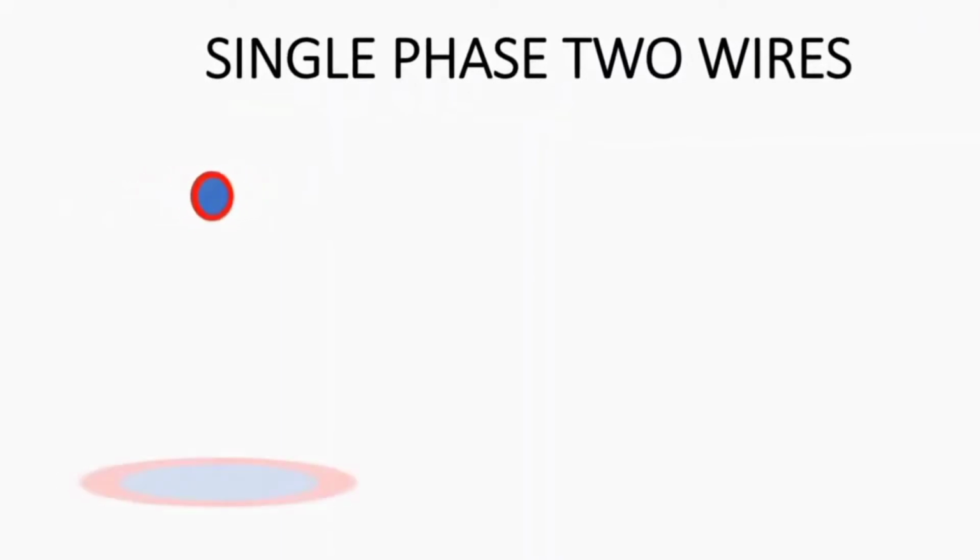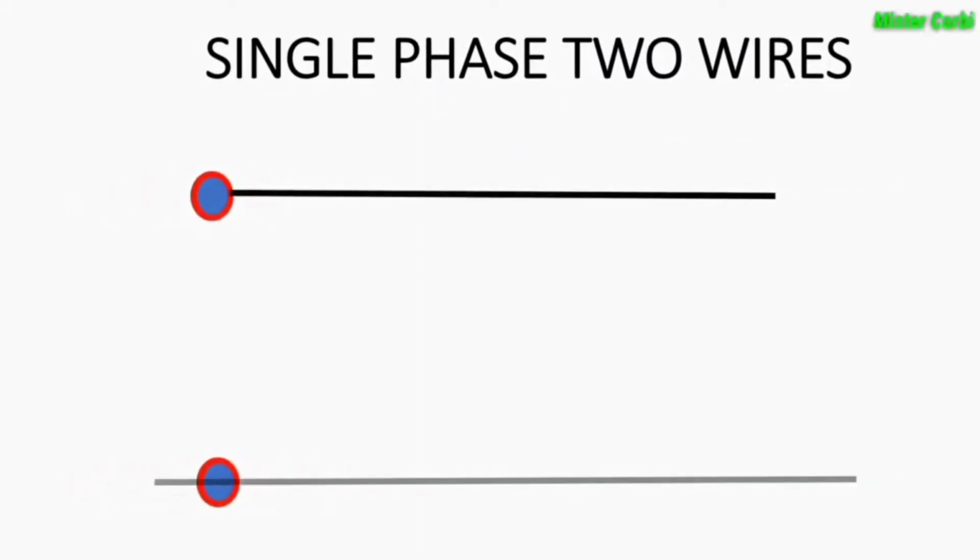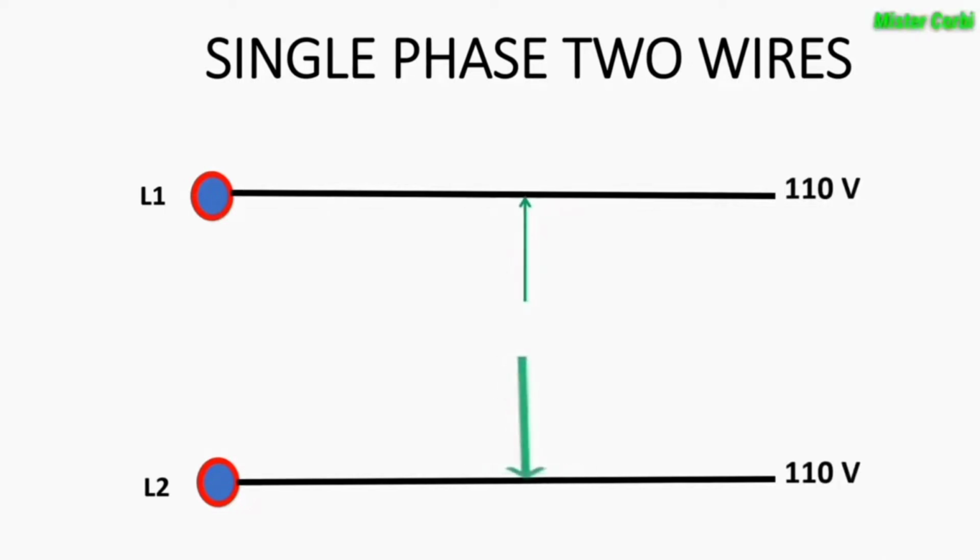Single-phase 2 wires. Single-phase 2 wires is composed of two lines, which is line 1 and line 2. Line 1 has 110 volts and line 2 has 110 volts. When we use this as our voltage supply, 110 volts from line 1 plus 110 volts from line 2 is equal to 220 volts.